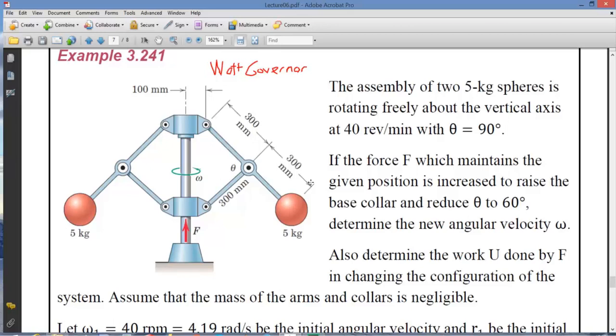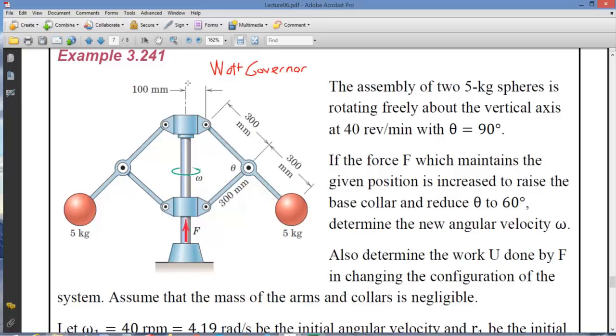To get rid of that, we can assume that these two particles are rotating about a beam here, and these connecting beams have negligible inertial properties, negligible mass. Otherwise, we need to consider these as rigid bodies. But now we can just consider these two particles as they rotate about this axis.